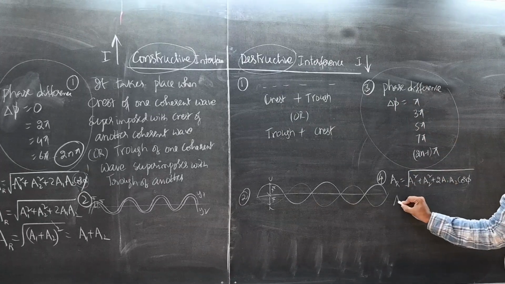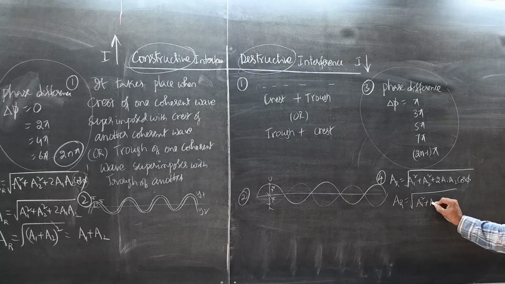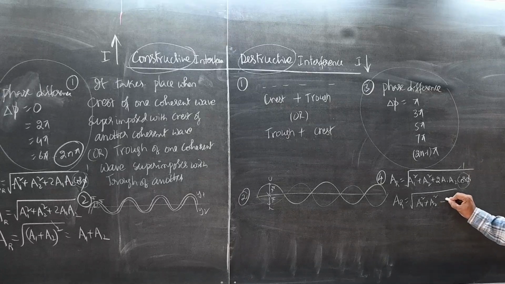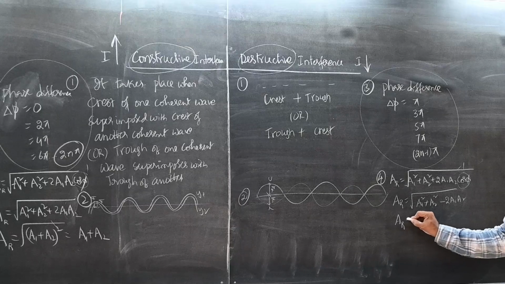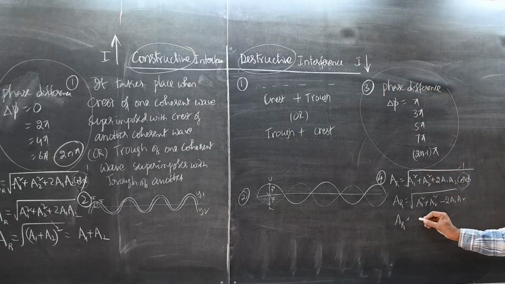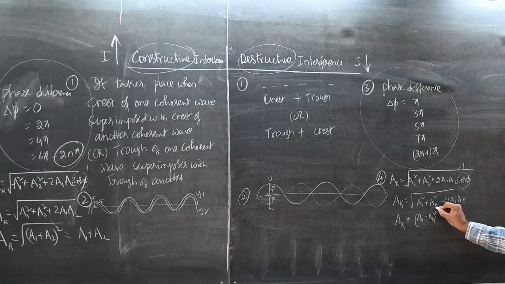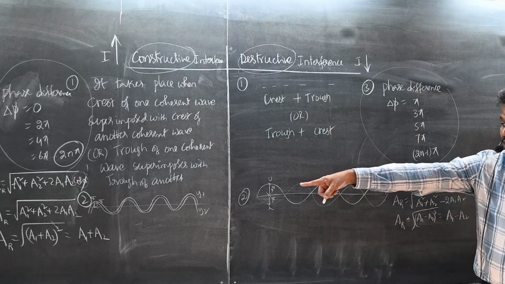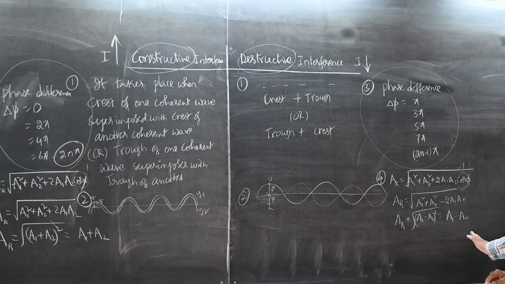It is minus 1. So the resultant amplitude in destructive interference is a1 minus a2 whole square under root, that is a1 minus a2. Constructive is a1 plus a2, destructive is a1 minus a2.